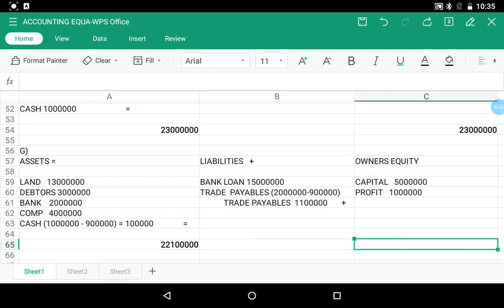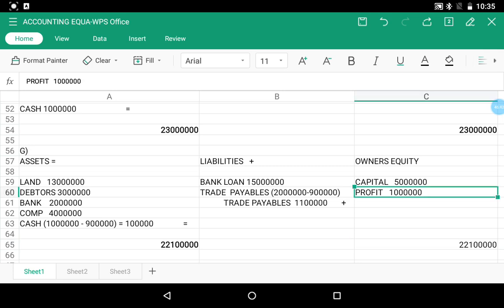And also here we are going to get 15 million plus 1 million 100,000 plus 5 million plus 1 million to give us 22,100,000. So that is one of our illustrations about accounting equation.